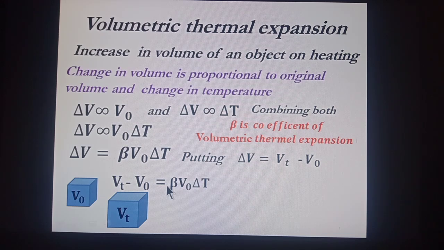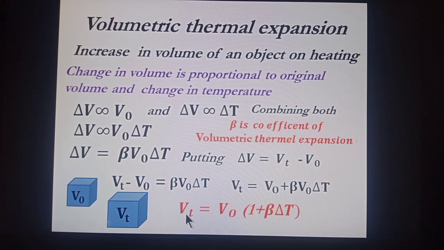Vt minus V naught is equal to beta V naught delta T. Rearranging the equation, taking V naught on the right side, V naught plus beta V naught delta T, taking V naught common, we get the final equation for volume of an object at temperature T after heating, given by V naught into 1 plus beta delta T, where beta is the coefficient of volumetric thermal expansion.